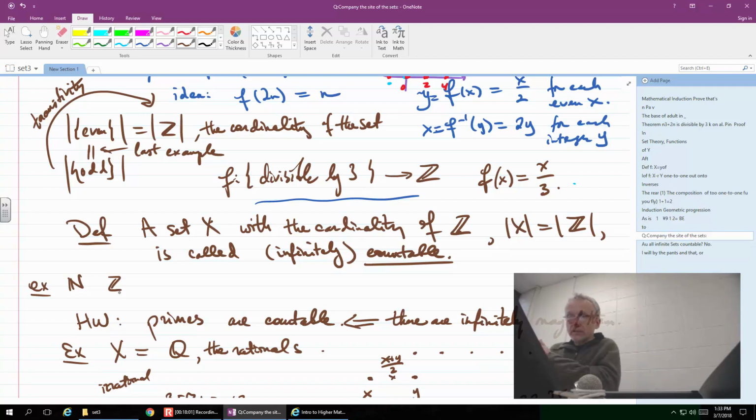So natural numbers start from 0 into infinity, and Z goes back both ways. What's the bijection? It's certainly easier than the problem we just solved, right?